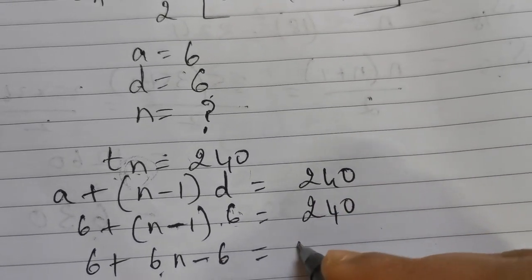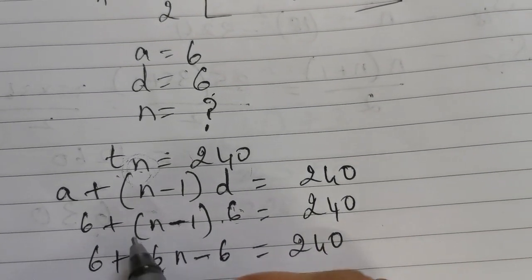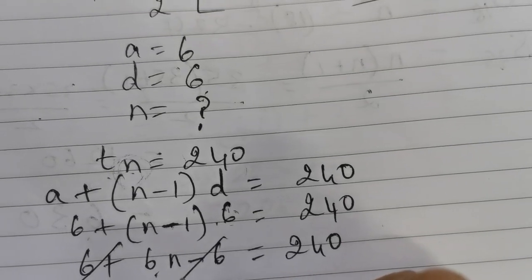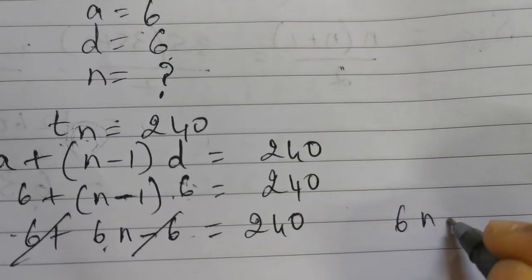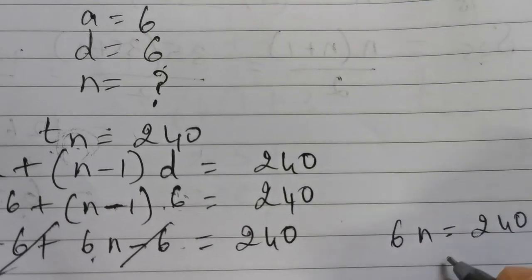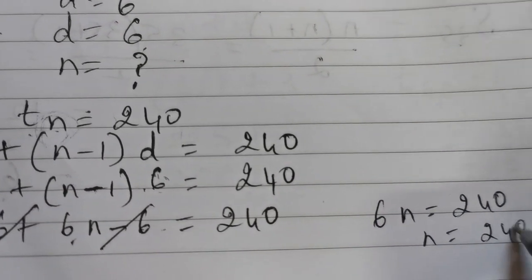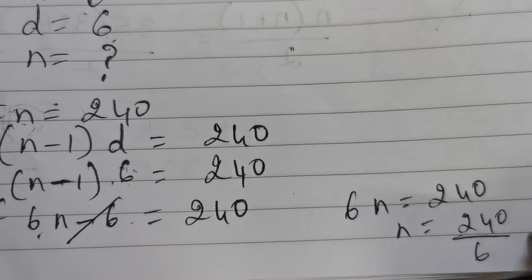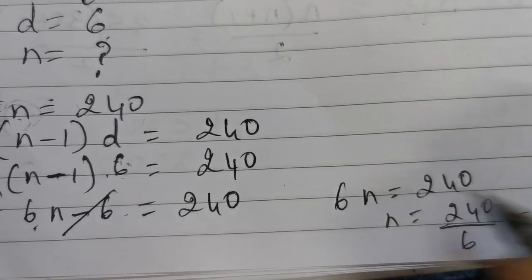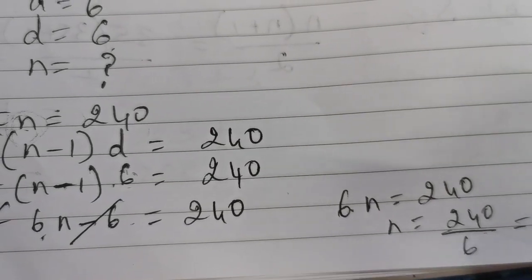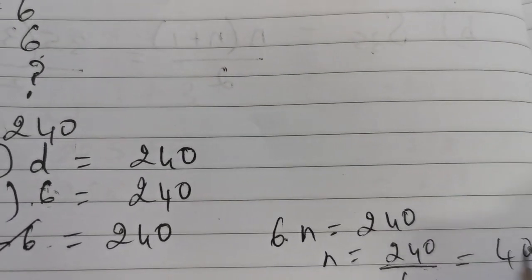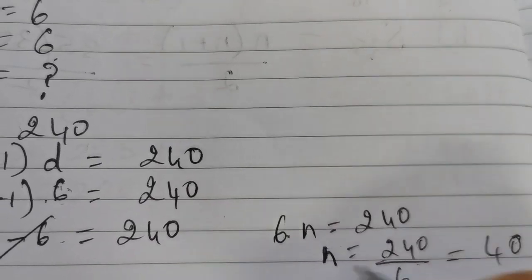The 6 and minus 6 cancel. So 6n becomes equal to 240. Therefore n is equal to 240 by 6, which is 40. The 6 goes to the other side, multiplication becomes division. So the value of n is 40.